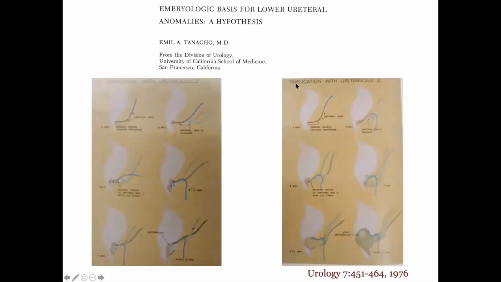So obviously most duplications nowadays are identified during pregnancy. And so these are images of a fetal ultrasound. There's actually a duplication anomaly on both sides. I think if you look at the upper right image, you can see that the upper pole has grade 2 or 3 dilation. The lower pole has minimal renal pelvic dilation. The one on the left on the upper side, you can see there's a duplication on both sides.